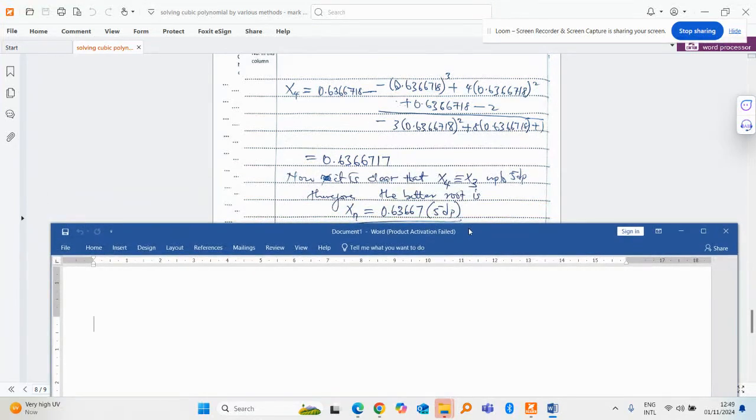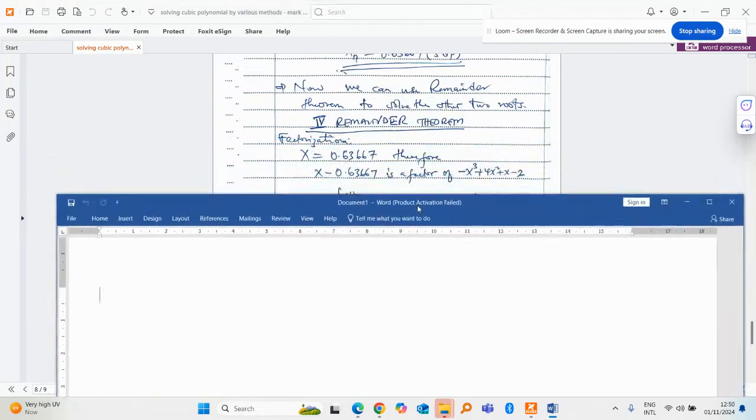Now, when we look at the third and the fourth iteration, we recognize that they agree up to 5 decimal places. Therefore, we pick our answer for the better root as 0.63667 up to 5 decimal places.